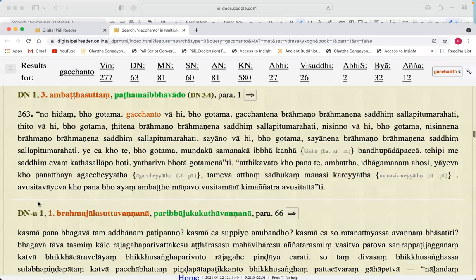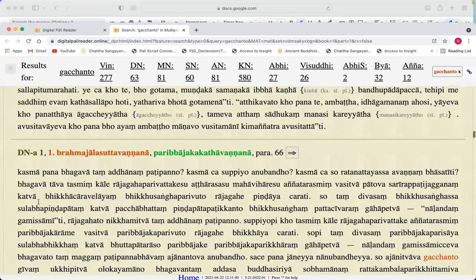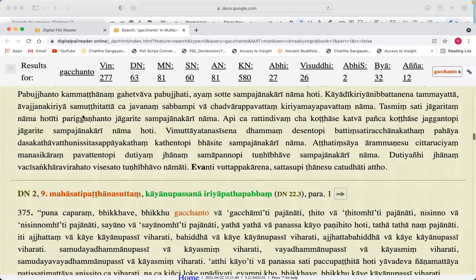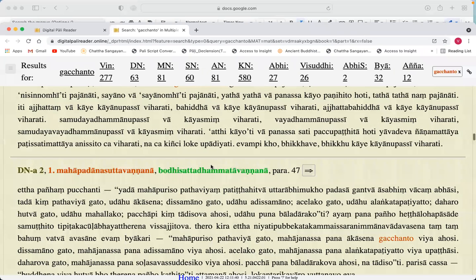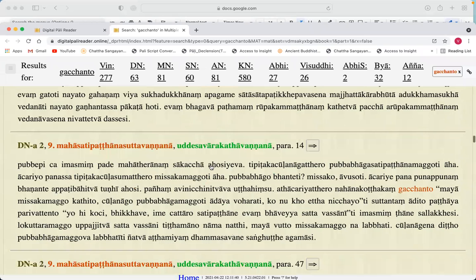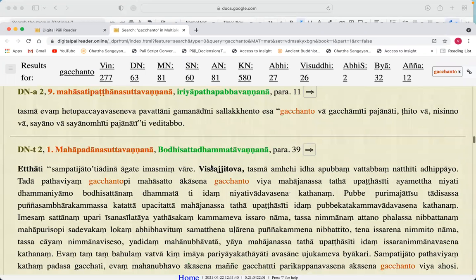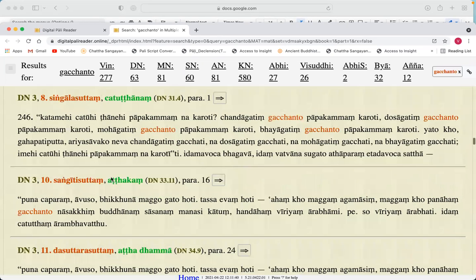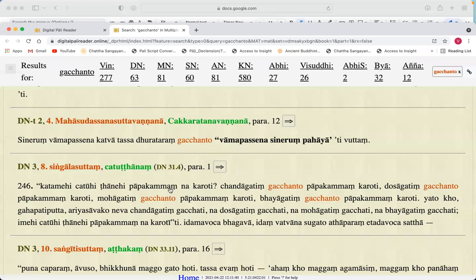And Digha Nikaya volume 1 commentary, another one. Digha Nikaya 2, Mahasari bhatana sutta: beku gechando wa gechamidi bhajana, singular. And here the commentary. Digha Nikaya volume 3, Singala sutta: kademehi cheduhi tanehi.